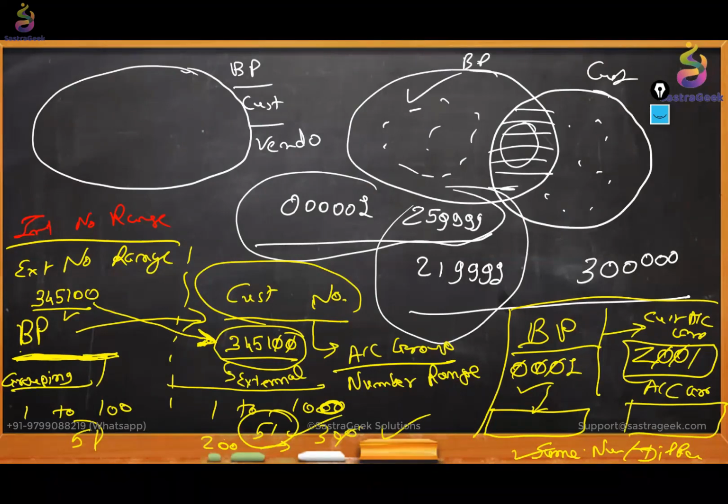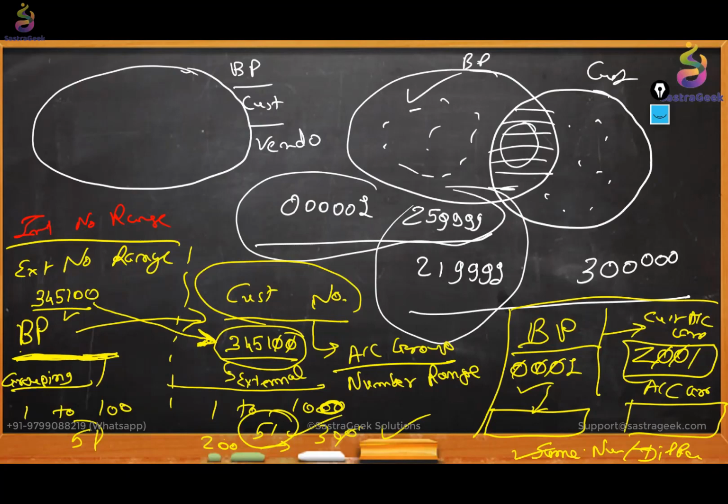The concept is very clear in this example I was giving: if my business partner number range starts from 1 to 2599999, and my customer number range starts from 2199999 till 300,000, then when you create your business partner, automatic creation of your customer master may or may not happen, because your number ranges overlap. You should have the exact same number range.